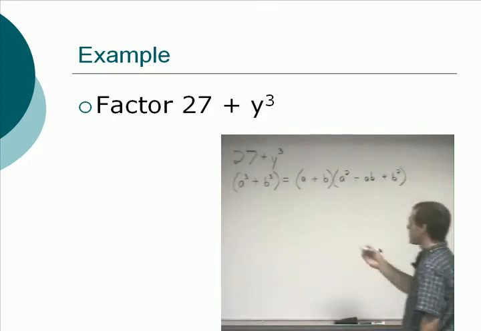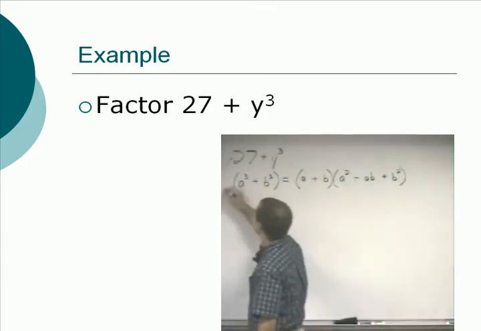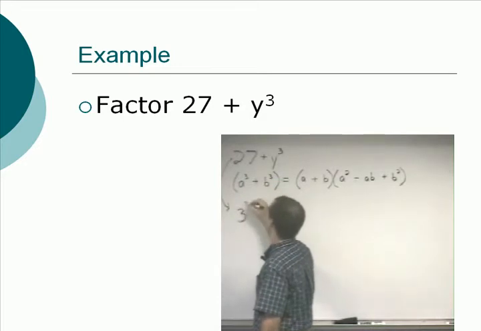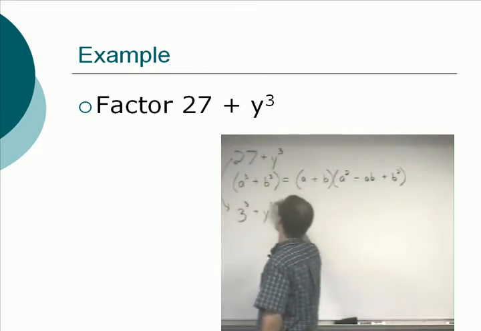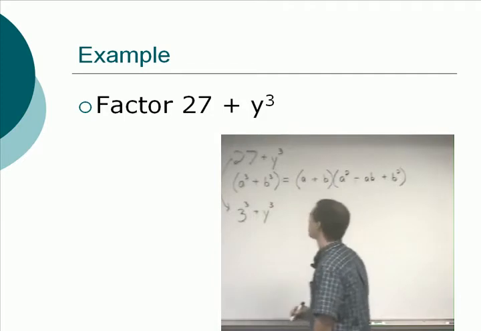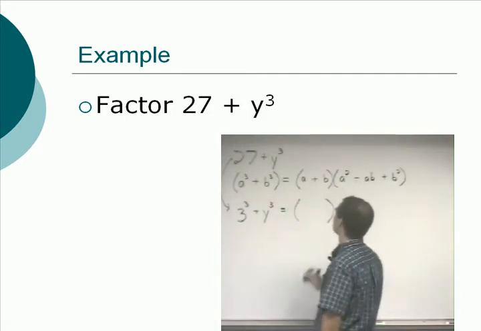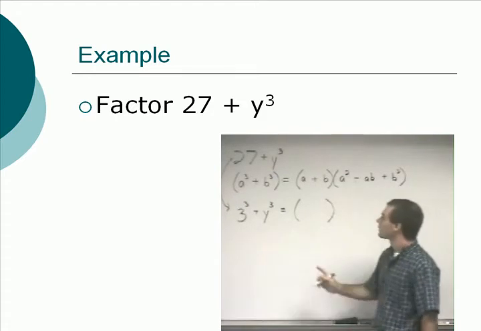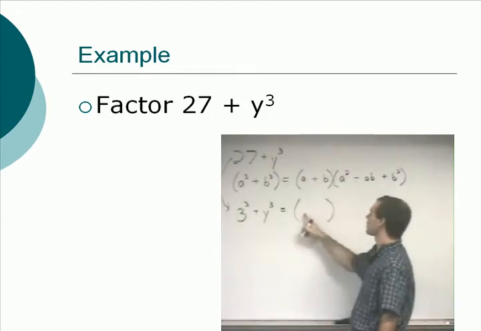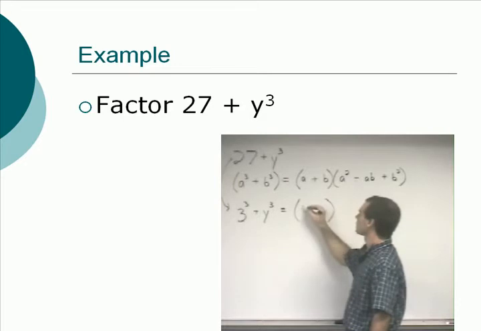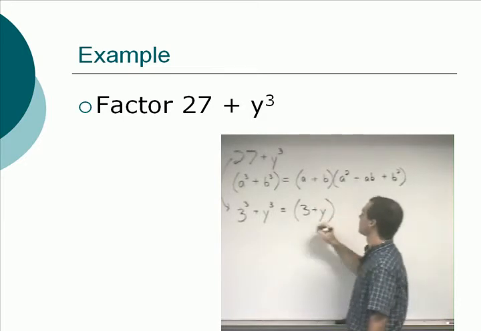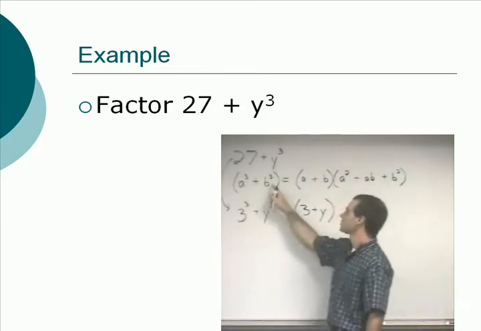Well, in this case, we can rewrite this as 3 cubed plus y cubed. And so we can factor it according to the pattern, just filling in what we've got. What's the first binomial going to be? 3 plus y. 3 is playing the role of a, y is playing the role of b.